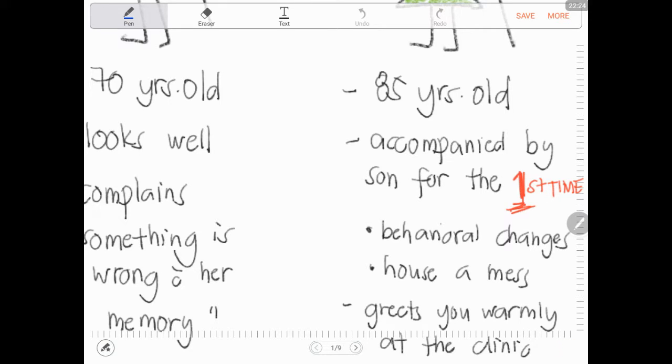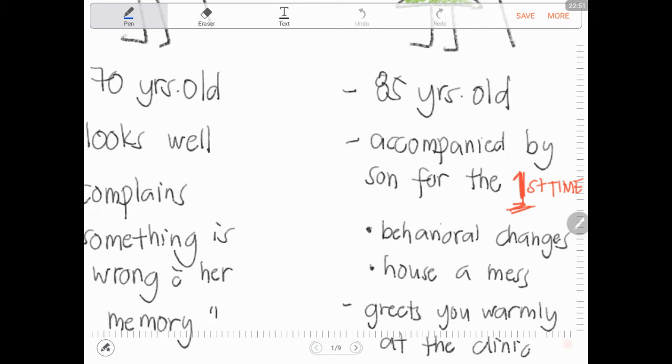And then, minsan, nagsumbong ang neighbor na si Lola daw, naglalakad na parang wala sa sarili. Okay? But objectively, merong mga nakikitang changes sa behavior ni Lola B. And yet, Lola B is just sitting there in your clinic, looking at you, smiling warmly, as if walang problema, walang nangyayari.